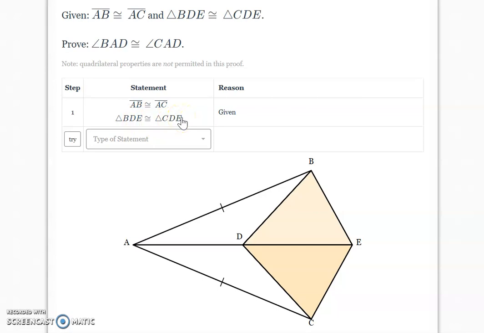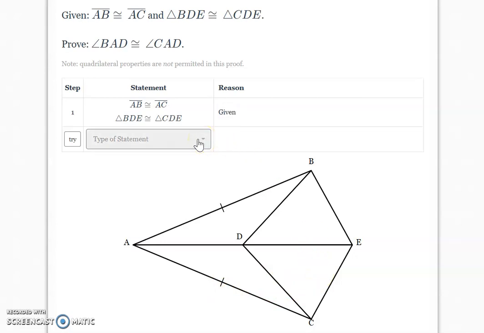So I'm thinking we go with side, side, side, which is just one option. We have lots of options here. But we can prove that ABE, which is the whole top half of this figure, is the same as this one down here, and we can prove that with side, side, side.